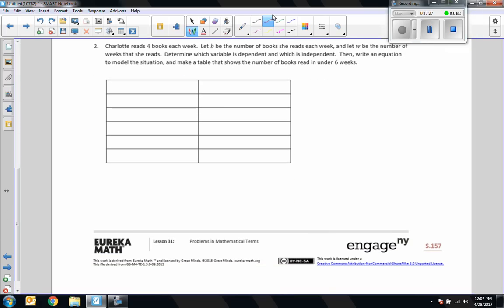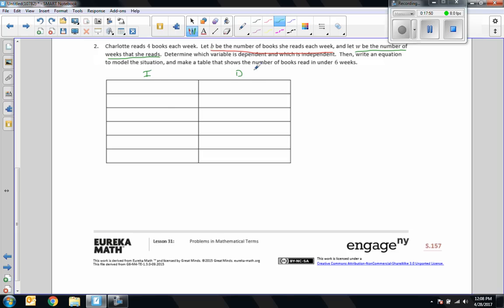Okay, number 2. Charlotte reads 4 books each week. Let B be the number of books she reads each week, and let W be the number of weeks that she reads. Determine which variable is dependent, which is independent. So the independent is going to go here, and the dependent is going to go here.